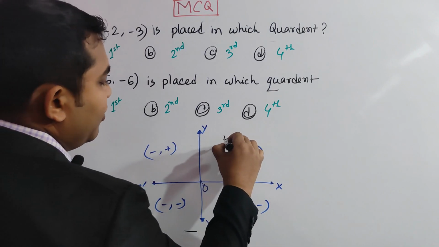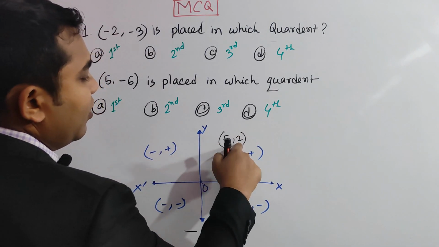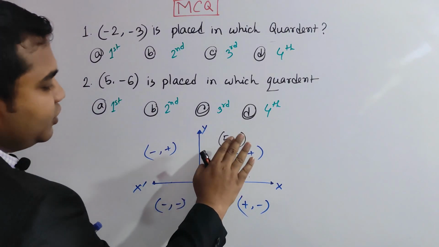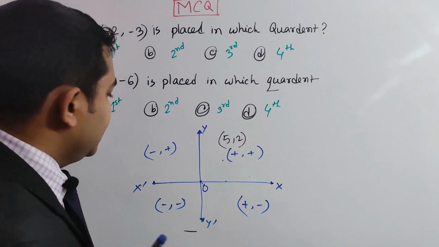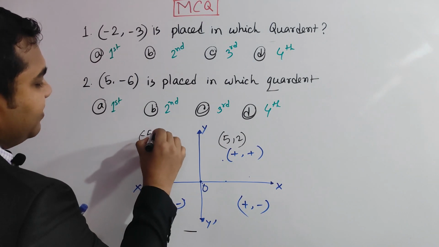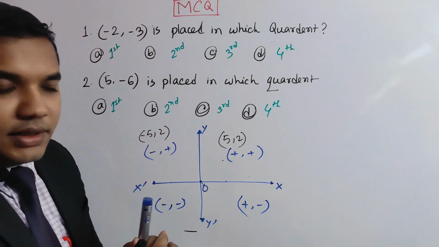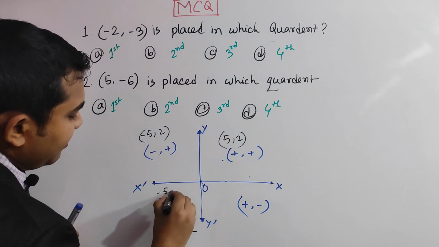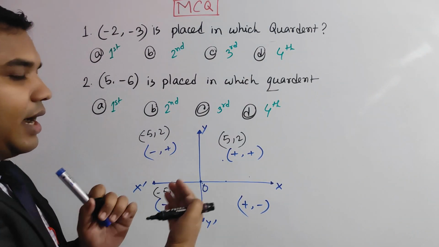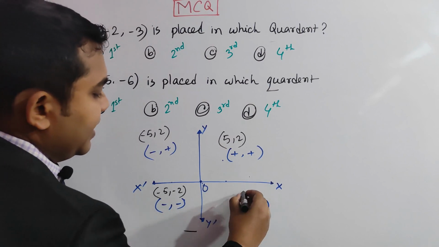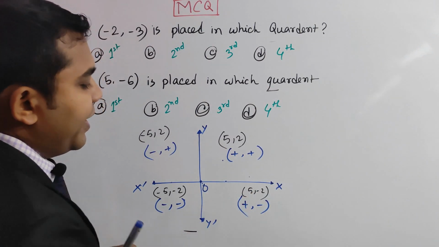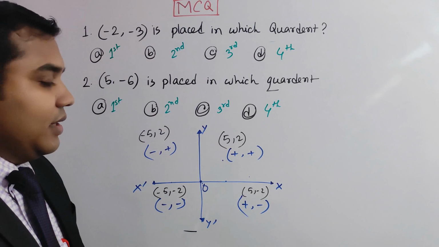Say for example (5, 2) is a point, here both are positive, so it should be placed in the first quadrant. If any point is (-5, 2), then this point will be in the second quadrant. If any point is (-5, -2), then this point will be in the third quadrant, and (5, -2) will be the point which will come in the fourth quadrant.